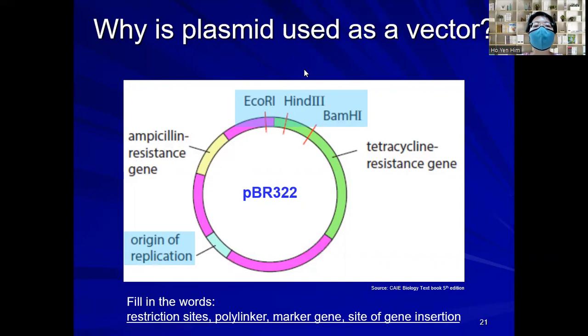Now these 2 genes are actually the markers. So in the past, scientists used antibiotic resistant gene as a marker to find out which bacterium has taken up this plasmid. Okay, so these 2 are actually markers. Markers means the gene that's used for you to identify the transformed bacteria. Okay, so these are the markers.